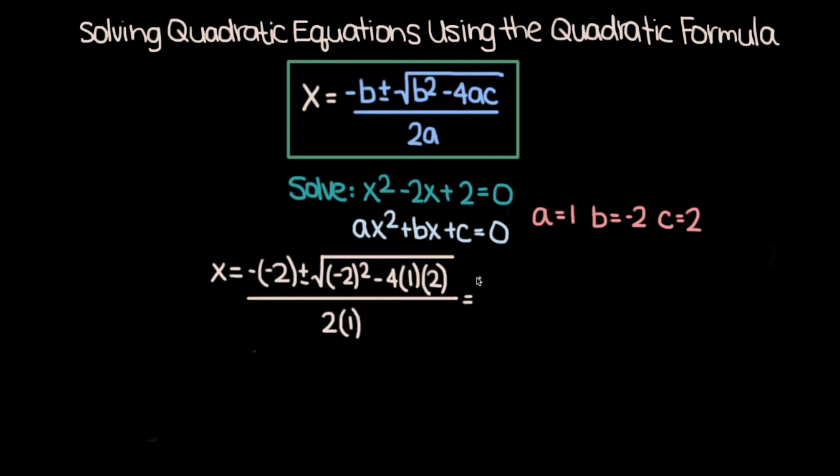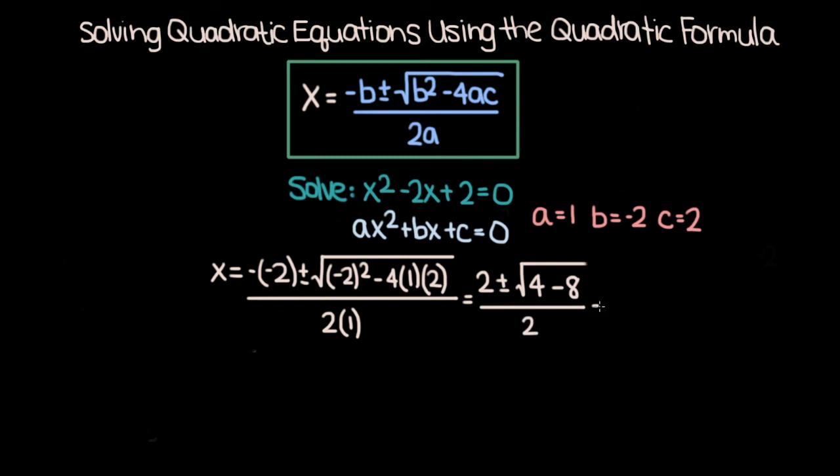Negative of a negative 2 is just 2, so we have 2 plus or minus the square root of negative 2 whole squared, which is 4, minus 4 times 1, which is 4, times 2, which is 8, so minus 8, divided by 2 times 1, which is 1.